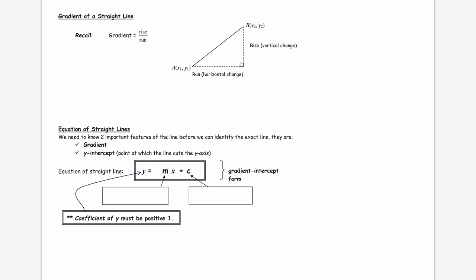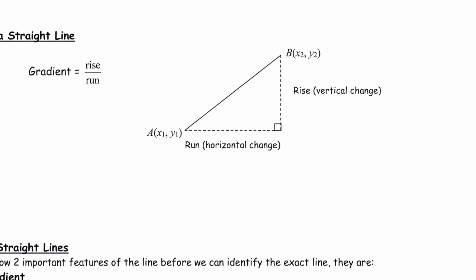But this is not going to be helpful to us in coordinate geometry because we are given precise coordinates of points, and so it's not so easy to pick out what is the height and base or the rise and the run. Alright, so we are going to revisit what we did just now.